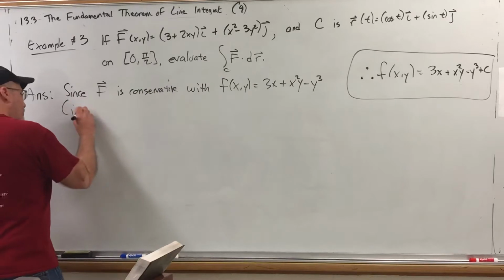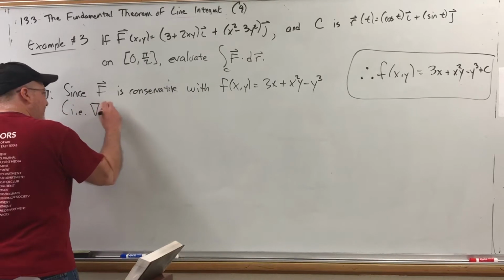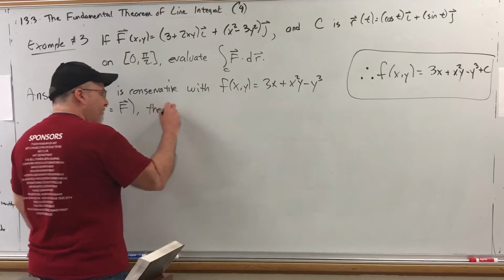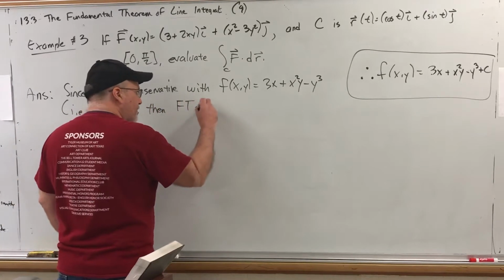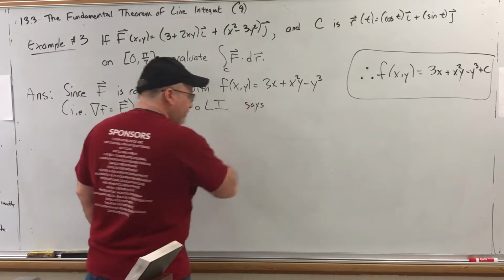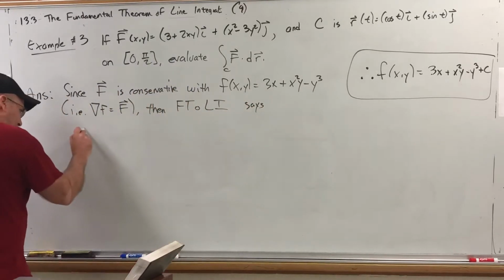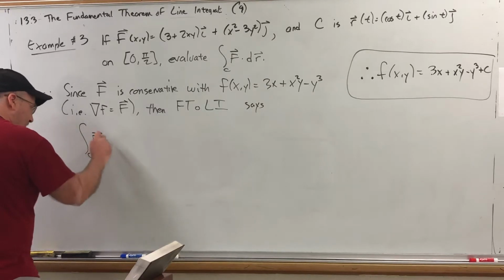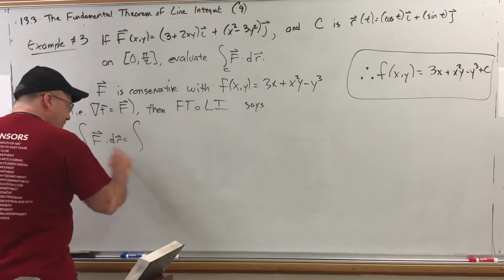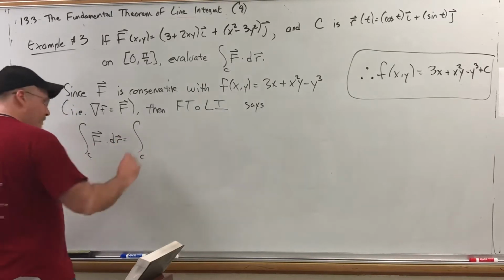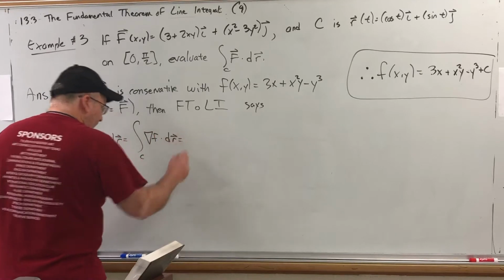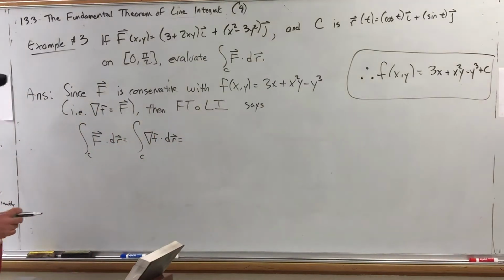So in other words, the gradient of lowercase f is vector field F. Then the fundamental theorem of line integrals says that the line integral of vector field F dot dr over the curve C is equal to the line integral over the same curve of the gradient of lowercase f dot dr, and here comes the fundamental theorem of line integrals.